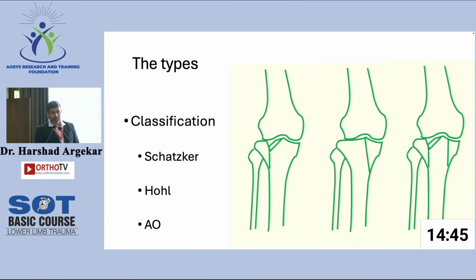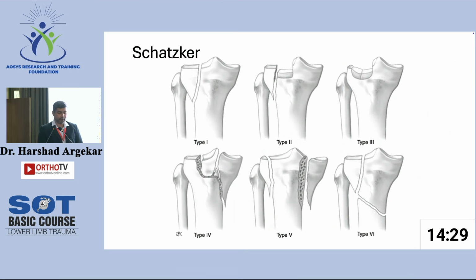So directly to the proximal tibia, we should know the type, how we classify the proximal tibia. We all know that there are classifications, and one of them is Schatzker, and the AO classification. Schatzker gives split with depression, pure depression, then medial condyle, bicondylar, and metadiaphyseal dissociation.